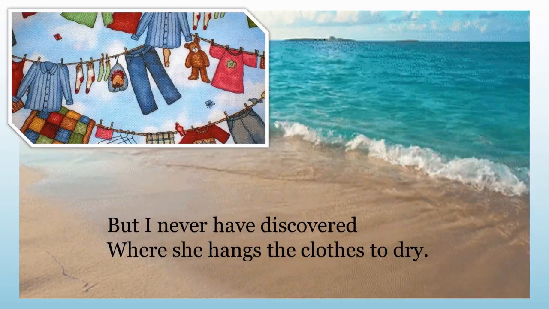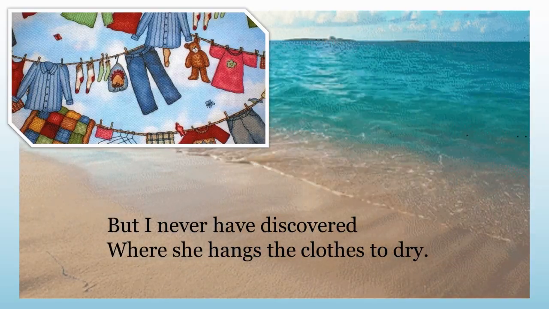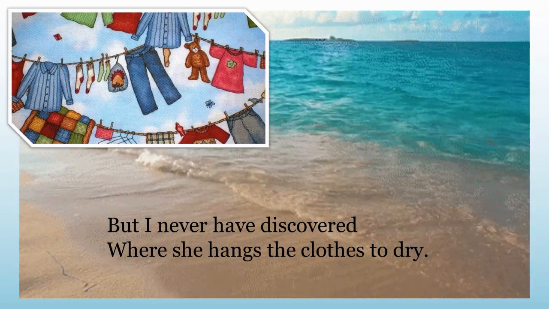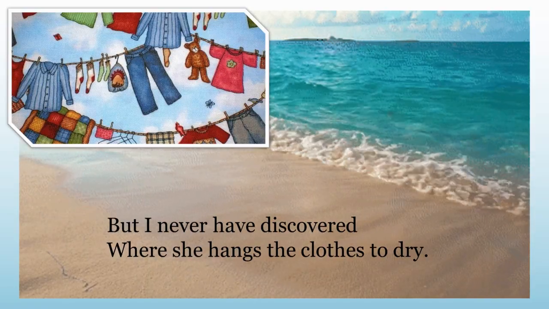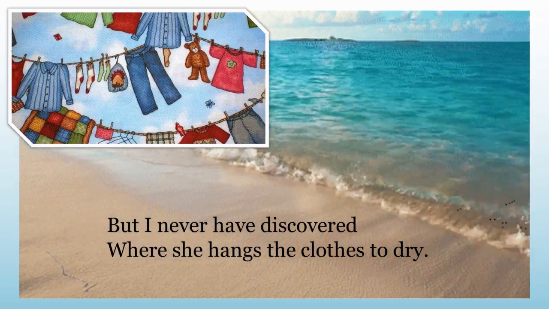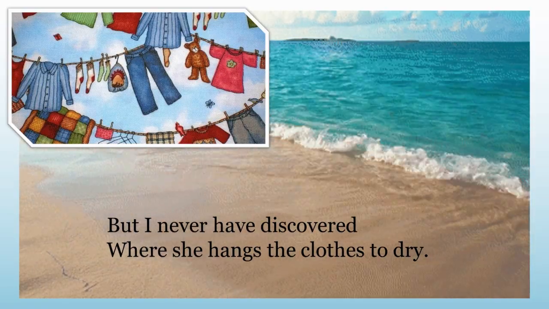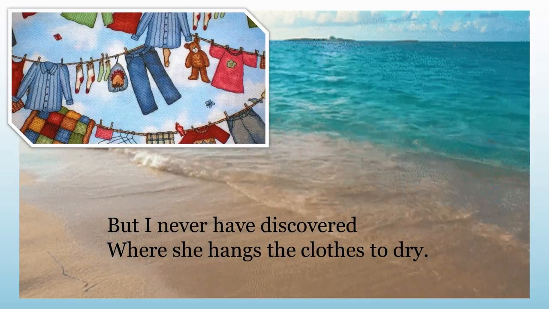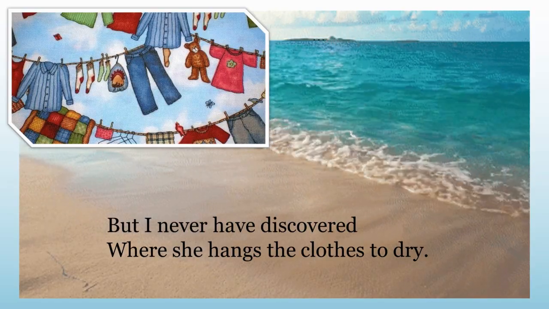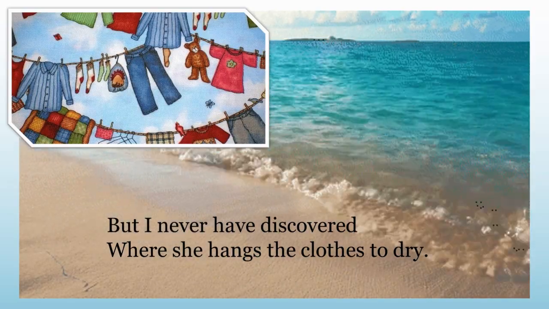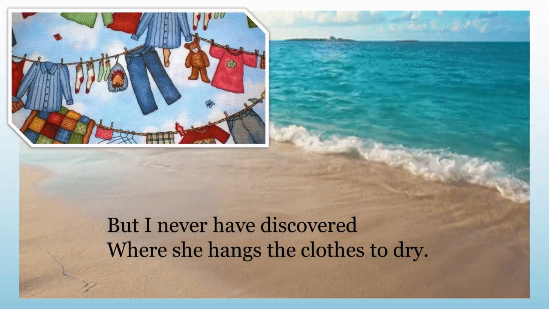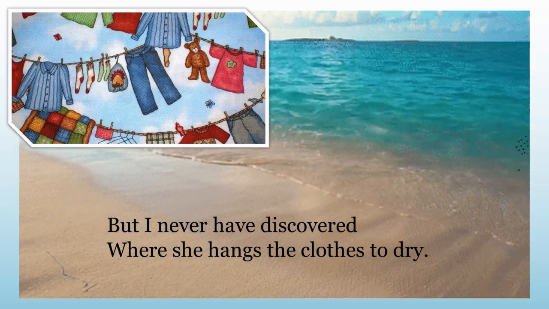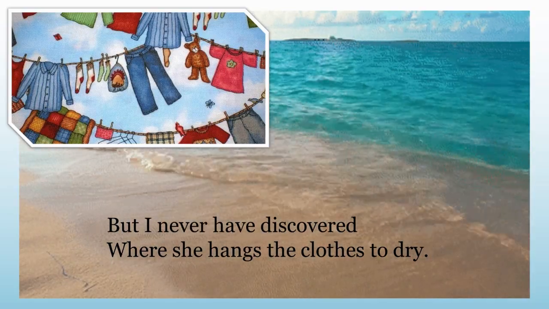Now students, poet is telling that Mrs. Ocean is washing the clothes. She also uses bluing. Also the poet has seen the soap suds floating on the waves. But the poet has never ever seen where Mrs. Ocean keeps these clothes or hangs the clothes to dry.